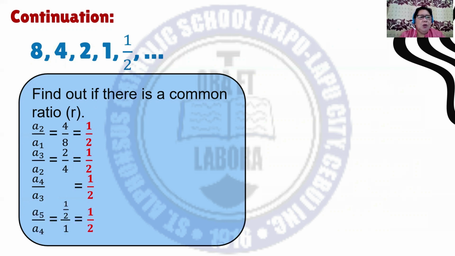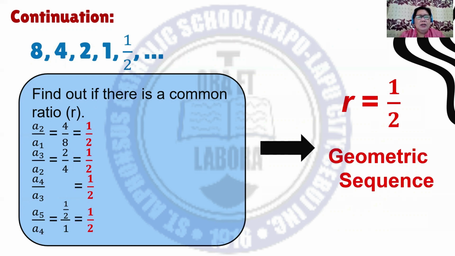Fifth term over the fourth term, that is 1/2 over 1, is 1/2. Meaning, there is a common ratio which is 1/2. Therefore, we consider this as a geometric sequence.